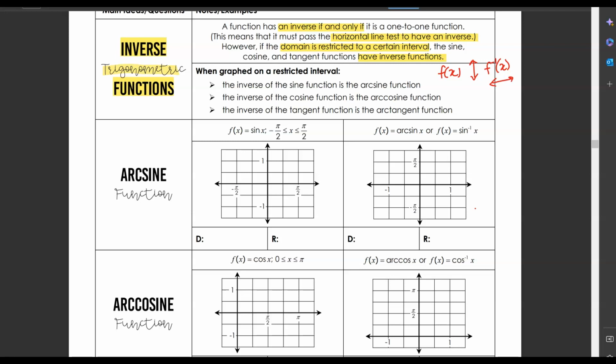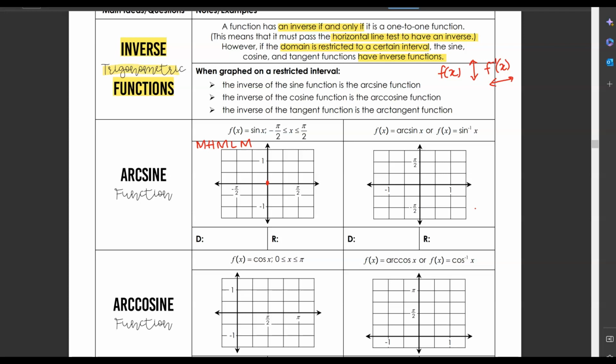So if we think of our trig functions, for instance sine, let's think of our pattern for sine. Our pattern for sine is middle, high, middle, low, middle.